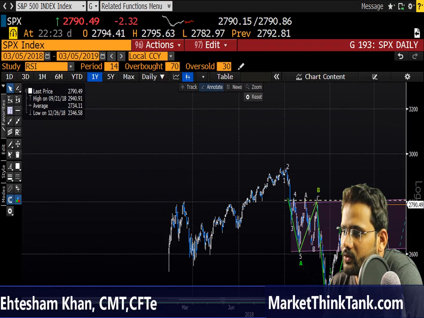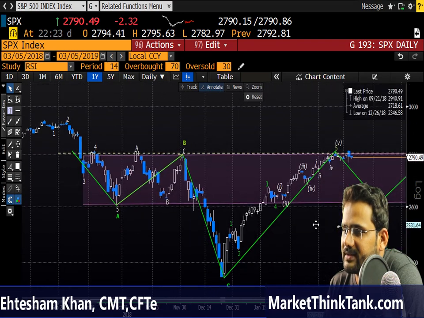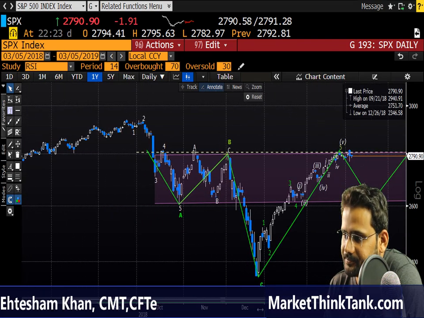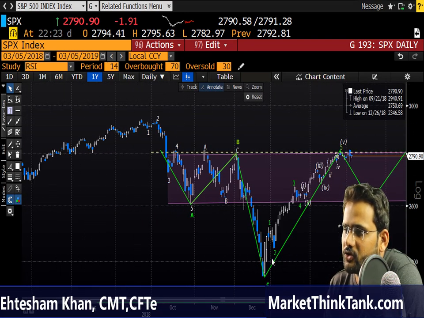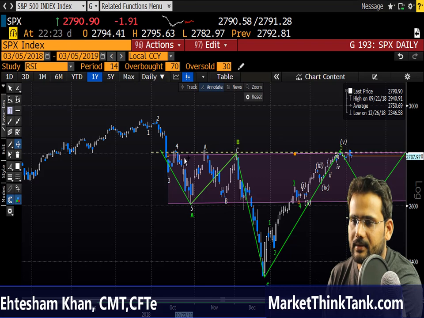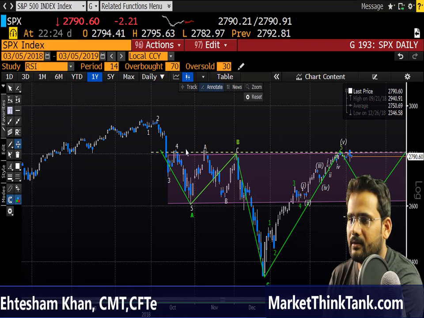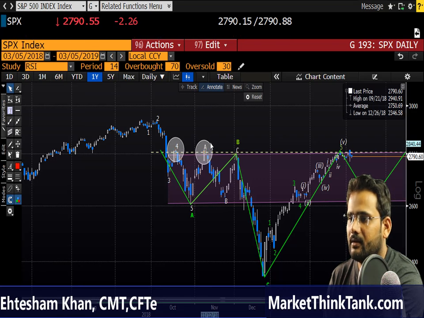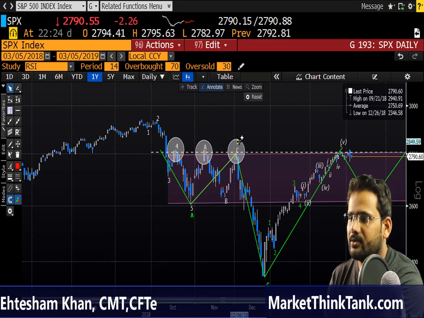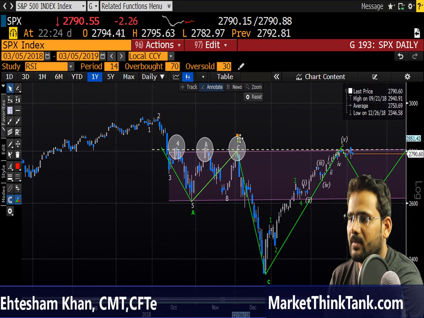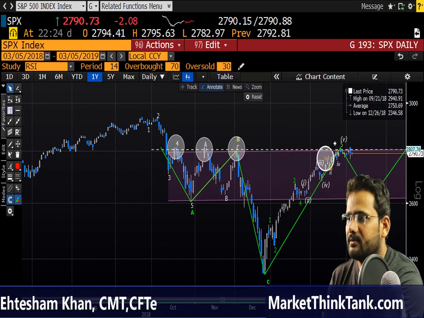So the current impulse move is about to complete here, and we have also got a very good solid resistance on these levels. We have got 3 touches in the past. First one here, then here, and third touch here, and another one just here.